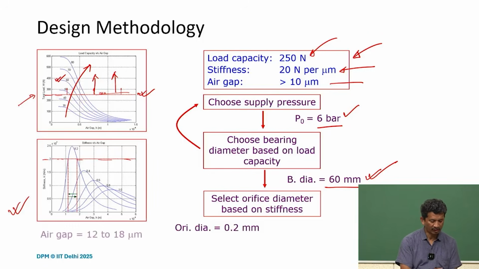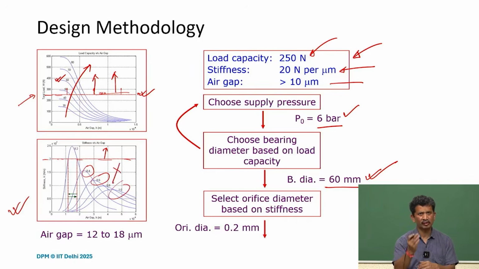So from here, we realize that again the orifice diameter of 0.46 or even 0.8 may not work, because this is not acceptable. We want to have a stiffness of more than 20 Newton per micron. So we have to go for this. So it means we have to go for an orifice diameter of 0.2 millimeter.